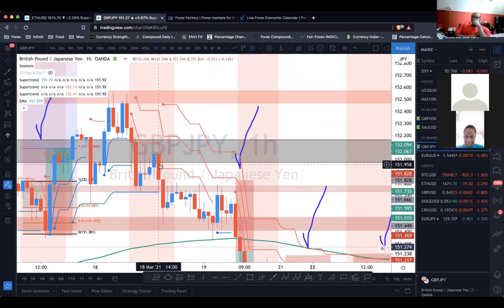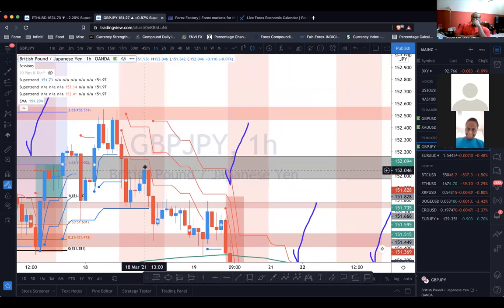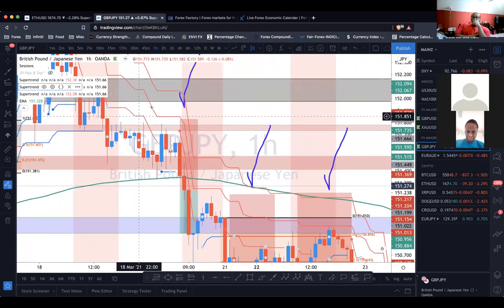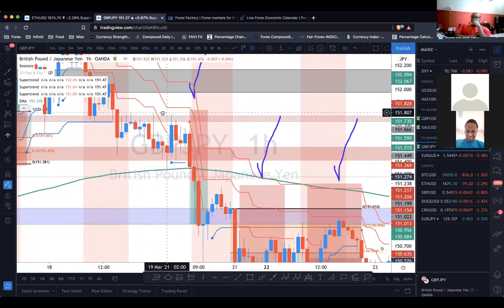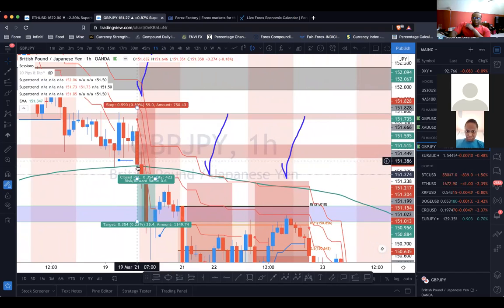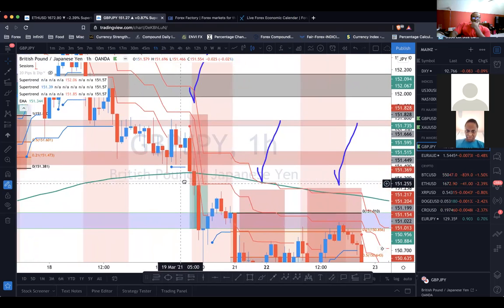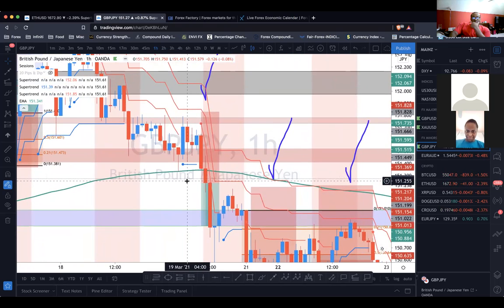Okay. No setup on this day because we did not break any red lines. And we're still above the 200. Okay, on this day, we formed a trap that almost broke the 200, but you guys remember the trap strategy really depends on the 50 EMA.